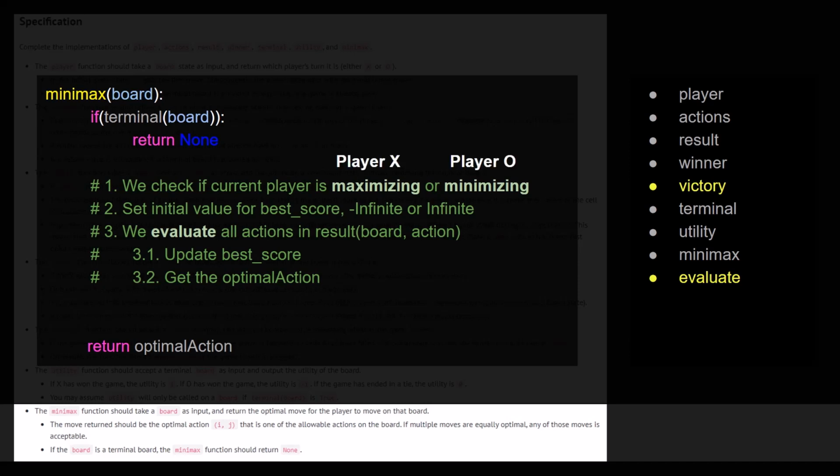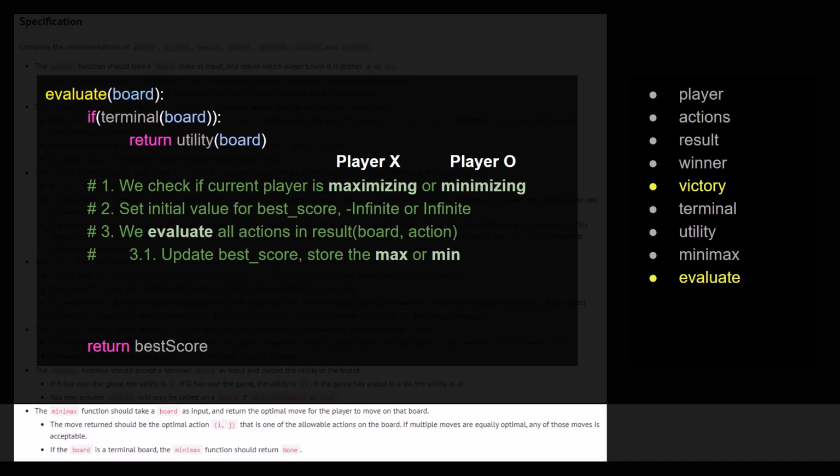So as you can see, player X is the maximizing player, and player O is the minimizing one. The evaluate function, which is the recursive algorithm, will call itself, and it's almost the same, but in this case it returns the utility instead of the optimal action. In that way, we can update the score.